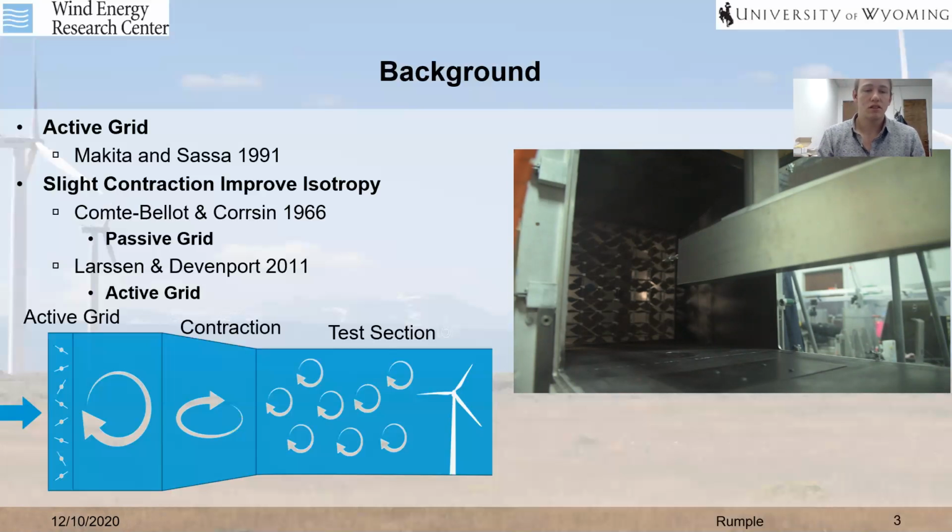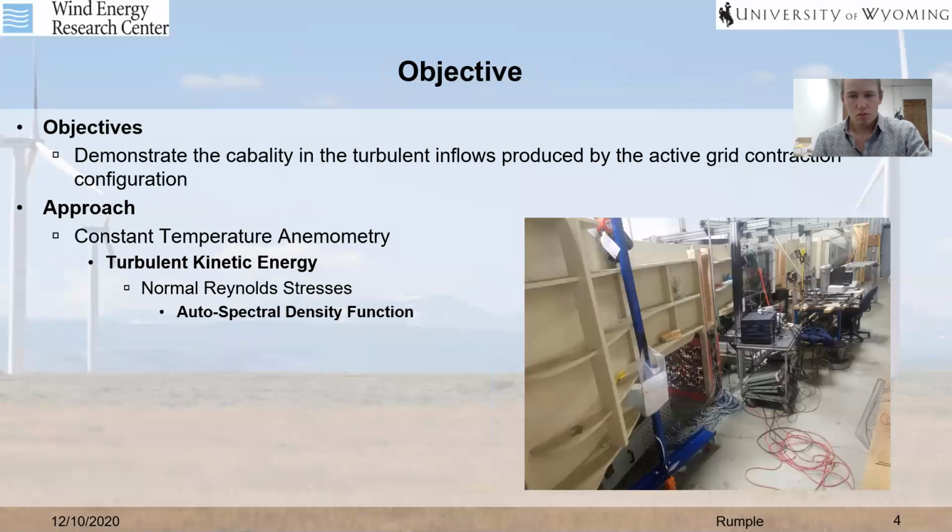And then later on, Larssen and Devenport, the only study in 2011 to show that an active grid also with the slight contraction produces isotropic flow.